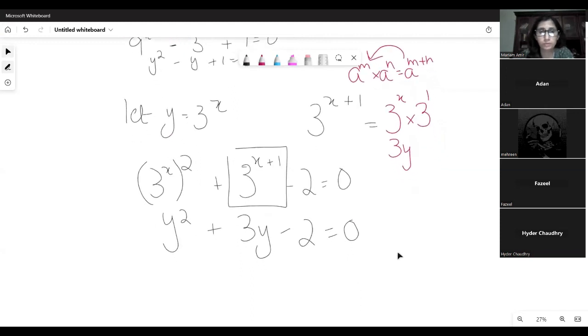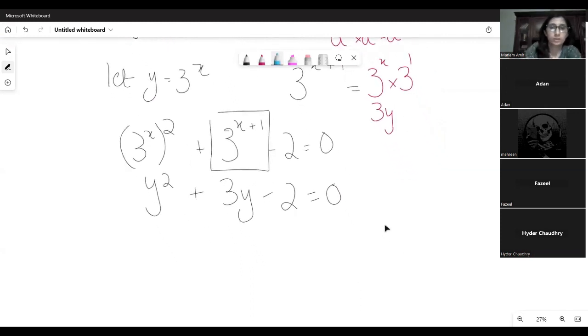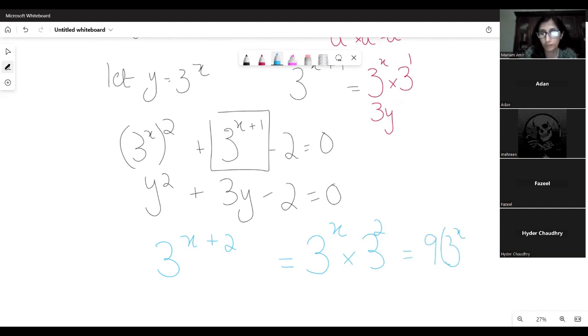What about 3 power x plus 2? What is this equal to? 9y. 9y, yes, because this can be split into 3 power x times 3 square from the same property we just discussed above, which is equal to 9 times 3 power x, which is 9y.